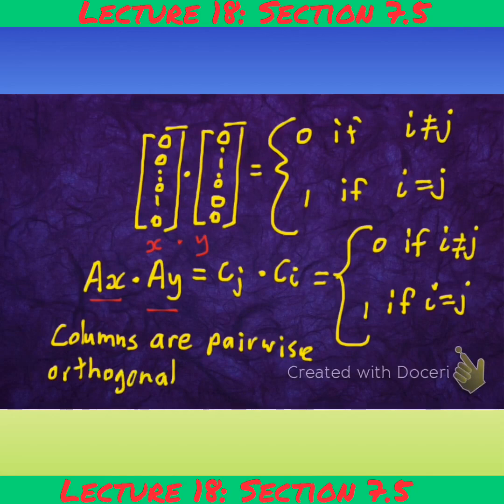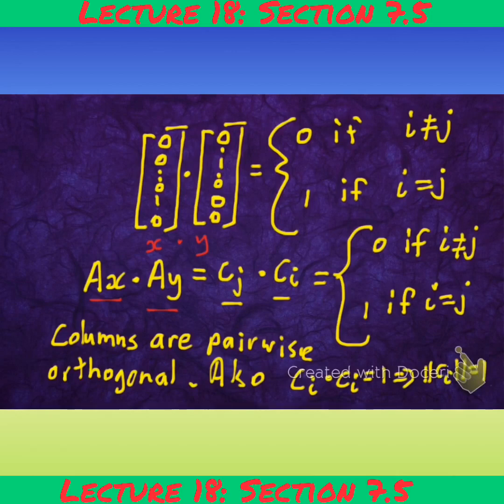And if I take the dot of a column with itself, then if I take the dot of the column Ci with Ci, that's 1, which is going to imply that the norm of Ci is going to be 1.